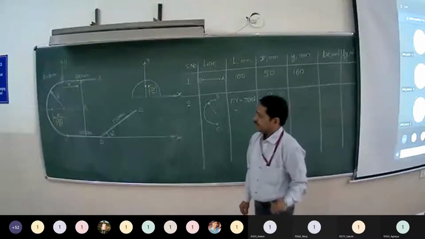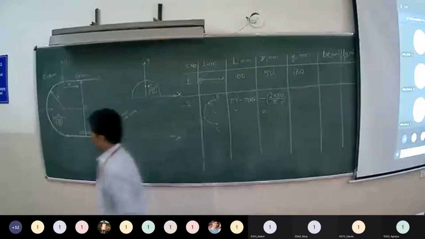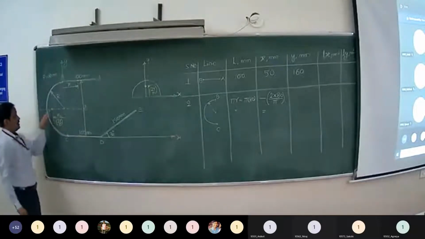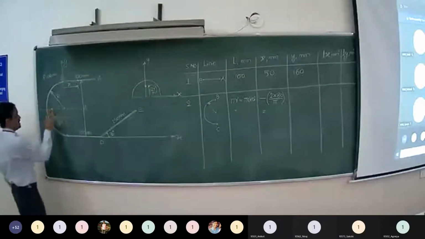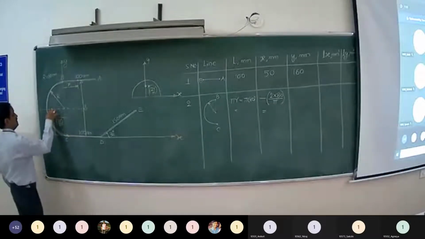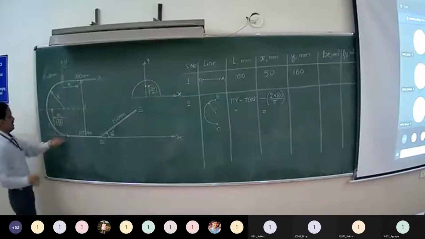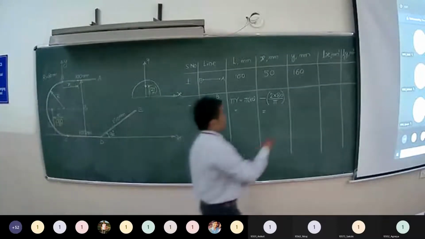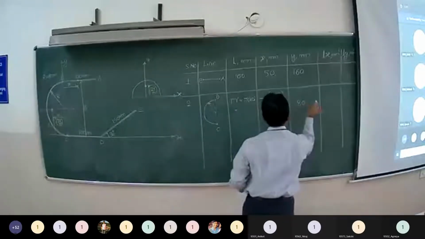Okay. You tell me now what is y? Y2, 80 centimeters. Right. Distance of centroid from x-axis. So this distance is nothing but radius. So it is 80.